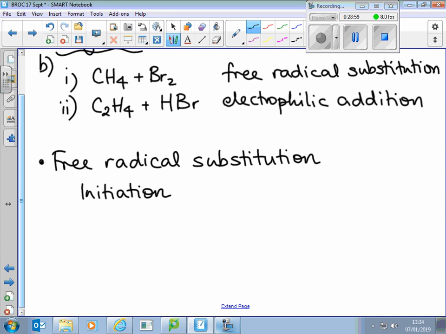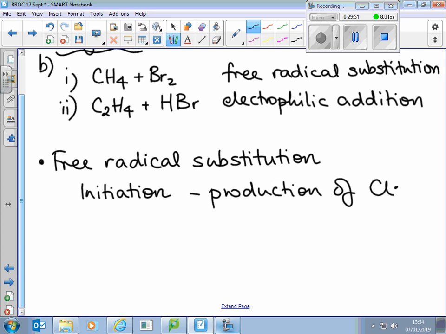And the UV light is responsible for the homolytic fission of the chlorine, the Cl2, into chlorine radicals. And that's what will start this off. Once you've got chlorine radicals, then the whole lot gets going. All right, so once you've got those, everything else follows on from that.